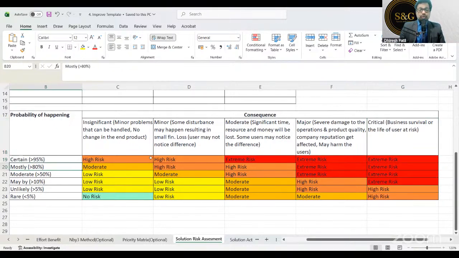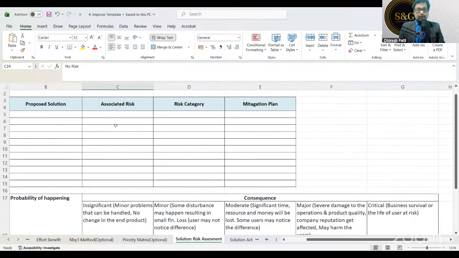If it is mostly and critical, again extremely risky. So red color, extremely risky. The next shade is high risk. Then there is a moderate risk, there is low risk, and there is no risk. So just follow this template and find out at what category your associated risk is lying right now, and accordingly you have to find out a mitigation plan.